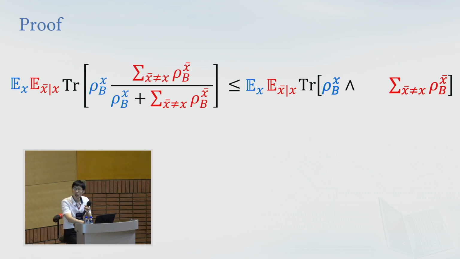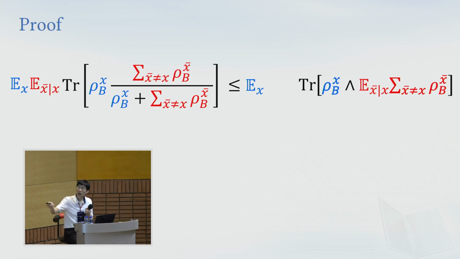Then I move this conditional expectation, the red part, inside the trace of the non-commutative quotient. And why we can do that is because the non-commutative quotient is jointly concave in the operators. So by Jensen's inequality, when we take expectation inside we get larger, so we are going in the right direction. We just move it inside.